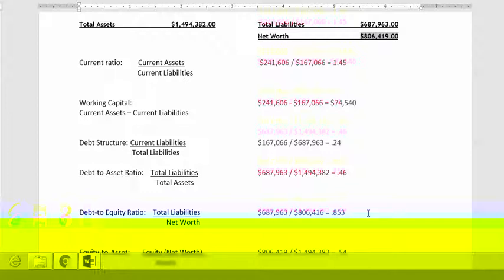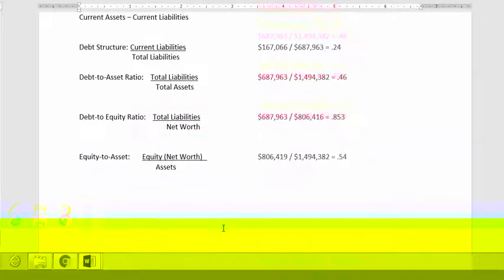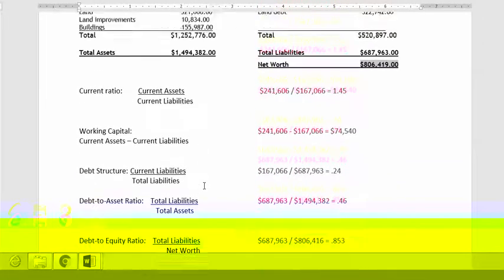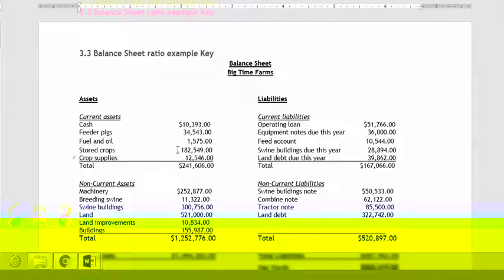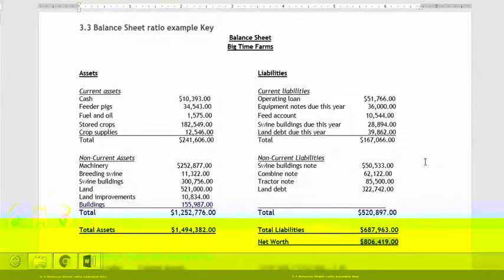That number you want to see less than 1, and this farm is at less than 1.0. So we just covered those 6 computations or ratios that help us analyze the balance sheet or net worth statement.